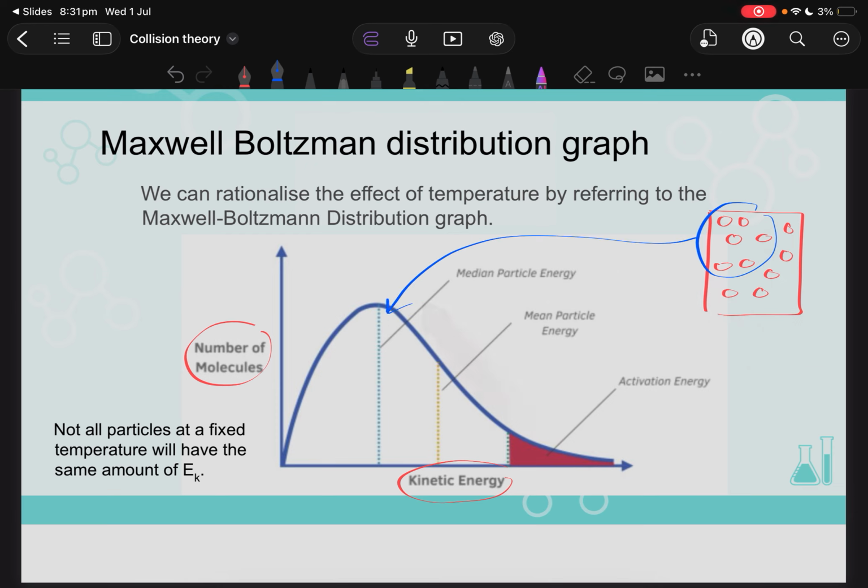These molecules have this much energy, and these molecules have this much energy, and these molecules have this much energy. So within my container, not all my particles are at the same amount of energy. They have different amounts of energies. This is a very oversimplified version of this, but they all have different amounts of energy.